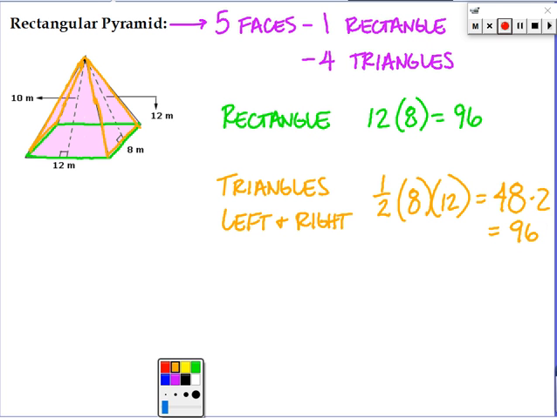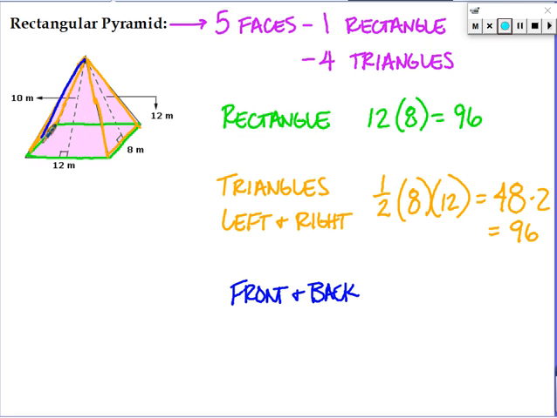Then the last ones to look at are the front and the back. So that's this one and that one. And again, they're 1/2 base times height.